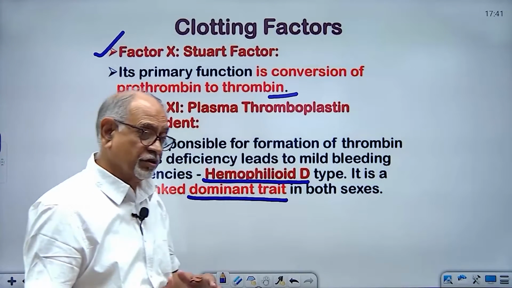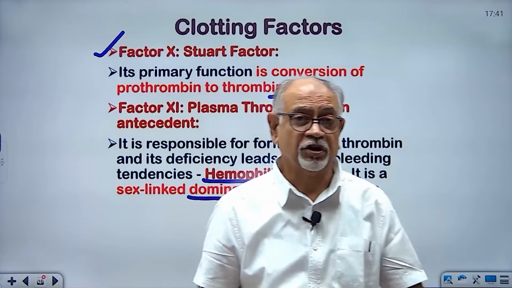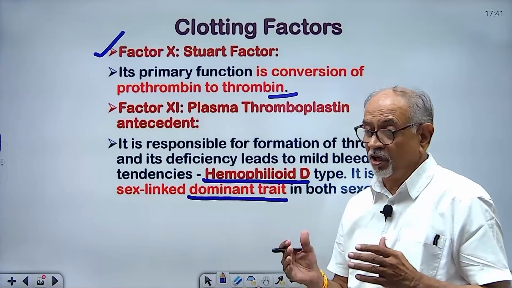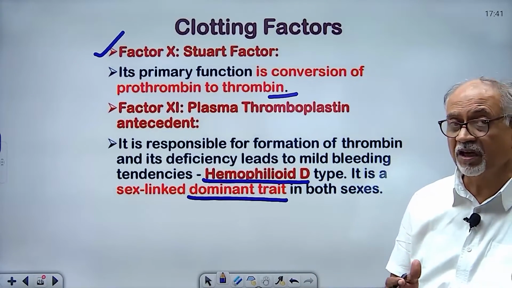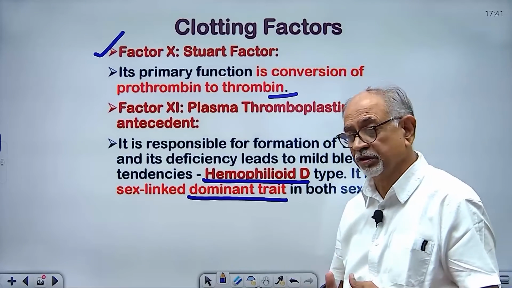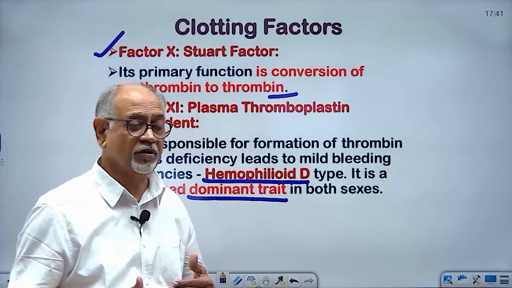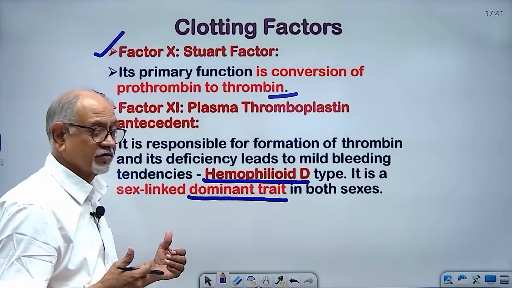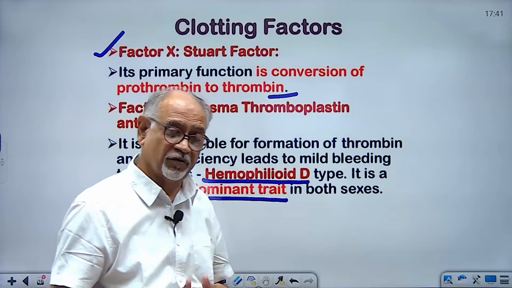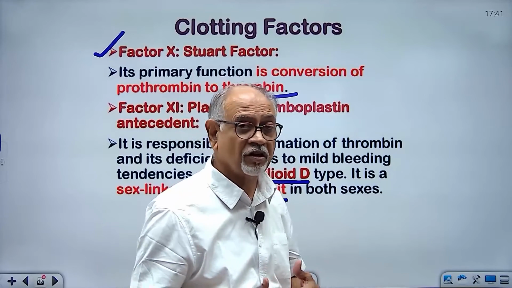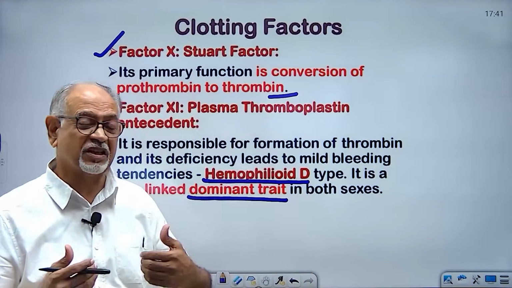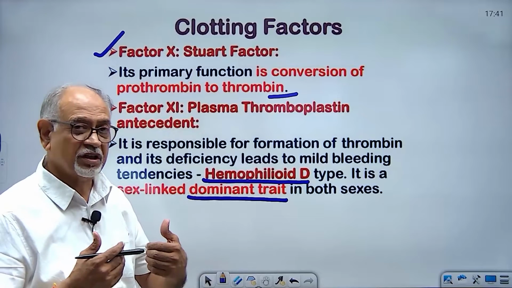That means the gene is dominant. So, in case of male and female, both, this disease is seen. In fact, it will be more effective in case of females as compared to males, because it is an X-linked dominant disease.